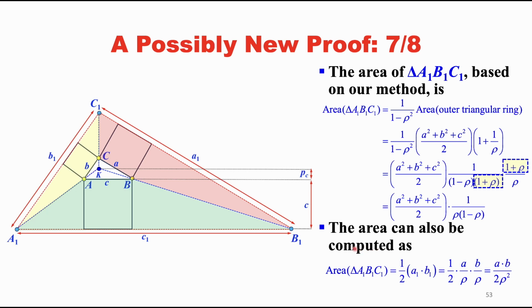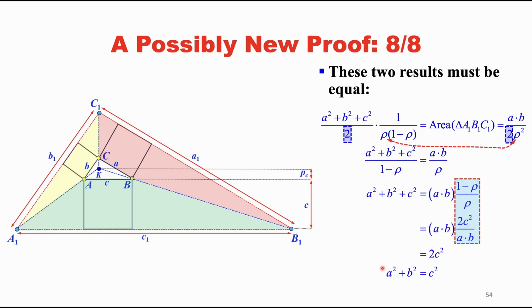But the area can also be calculated as the product of A1 and B1 divided by 2. As we mentioned, A1 is A over rho, B1 is B over rho. We have this. So these two areas must be equal. We can take one rho out, and these two cancel out. We have this.